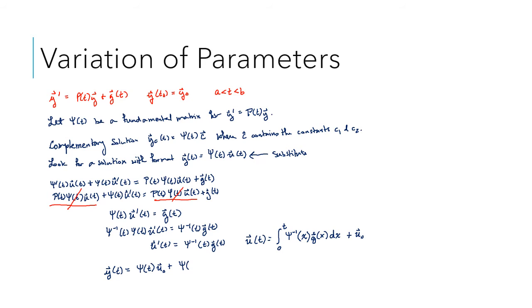So we'll have psi of t multiplied by the integral from t naught to t of psi inverse of x times g of x dx. So right here, that's our complementary solution, and this piece right here is our particular solution.